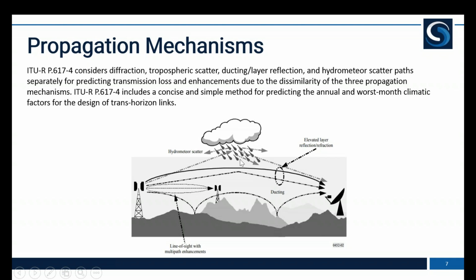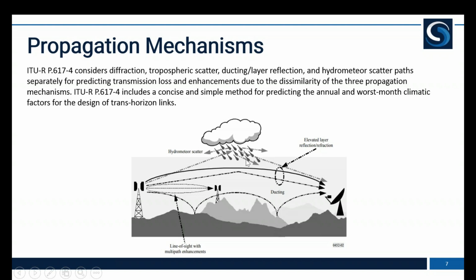Something that is of interest with hydrometeor scatter is that when the signal goes through a high concentration of rain in the middle of the link, the signal gets reflected off the water droplets in a sporadic fashion, so that it could even come back or reflect in different ways, not necessarily in the same manner as the tropospheric effect that I showed in the previous slide.